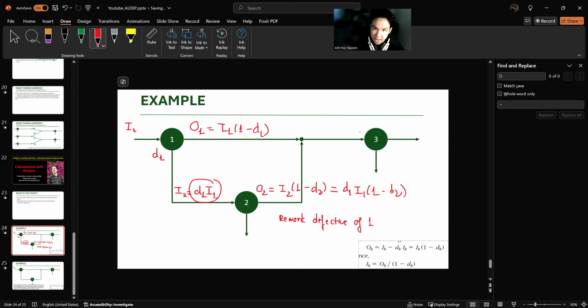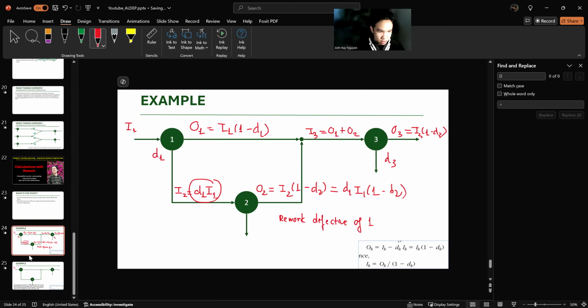Okay. And finally, to achieve this process, I3 will equal O1 plus O2. And O3 is normal, just I3 times 1 minus D3. This is still D3. Yeah, that's it.